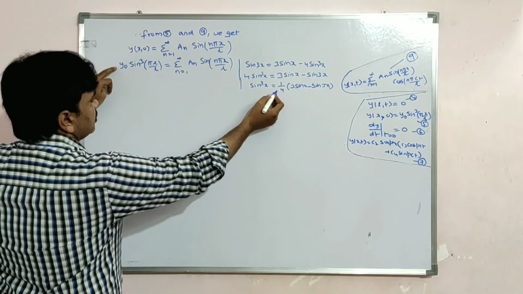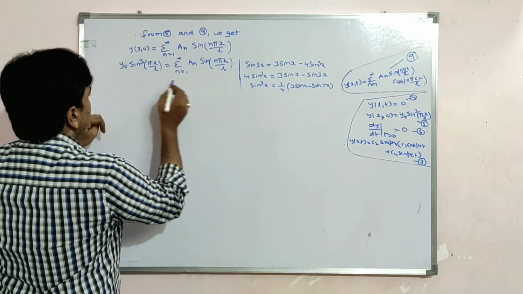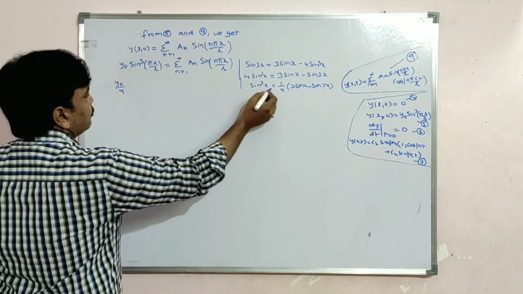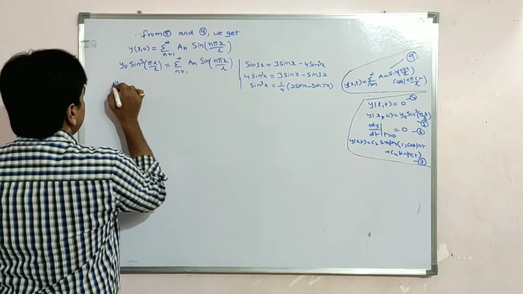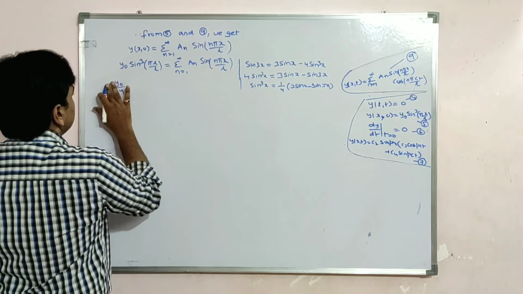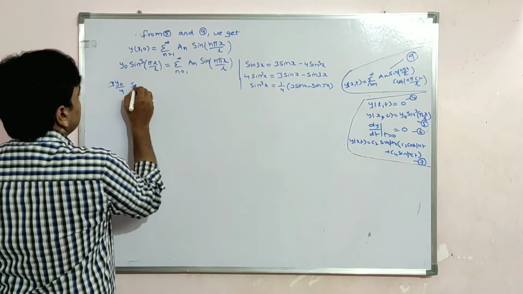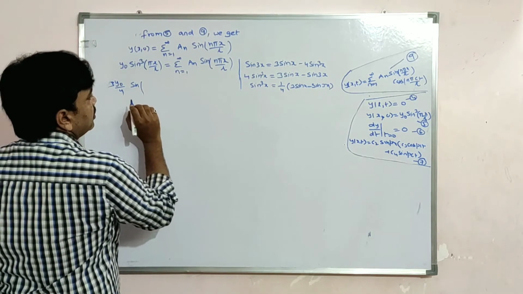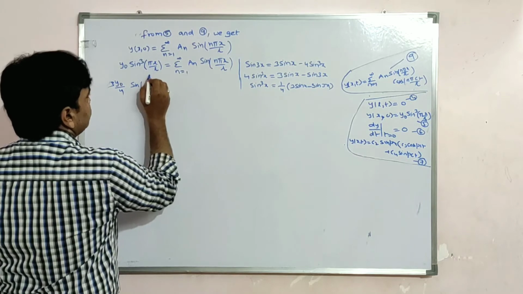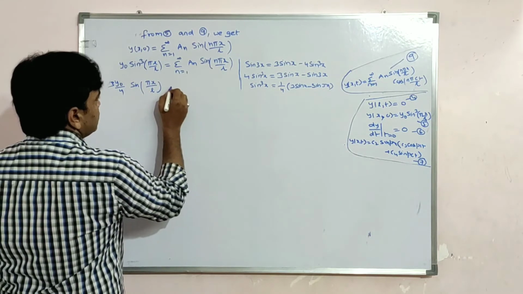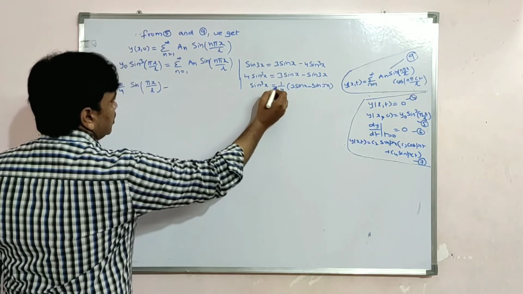Now see students, sin cube pi x by L. So we have y0 students. So multiply with y0, we get here y0 by 4, already we have 3 sin, in place of x we have pi x by L, minus, we have minus here, multiply with y0 by 4.